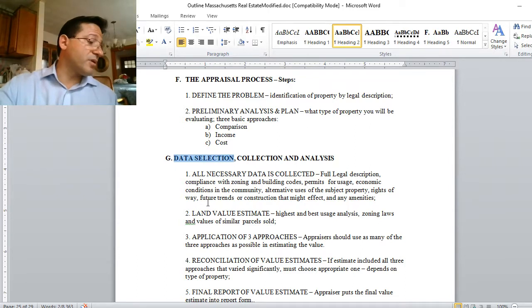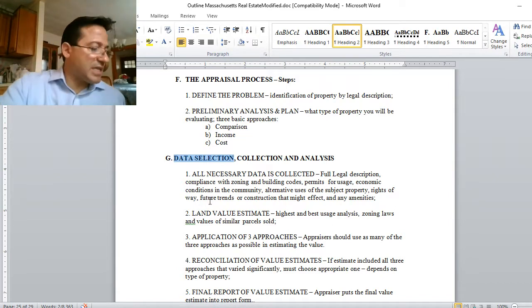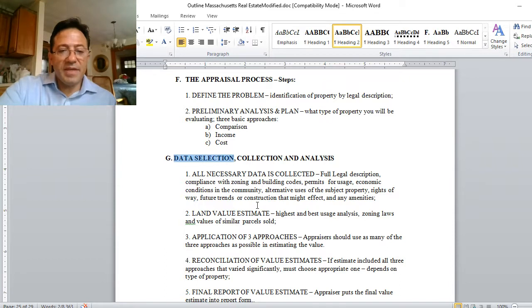I'm reading right out of the book. Care should be taken to compile only the information that relates to the problem to avoid confusion, okay? Any full legal description, compliance with zoning, building codes, permits for any specialized usage, as well as business economic conditions in the community relative to uses of the subject property, okay? So that's data selection. All the necessary data is collected.